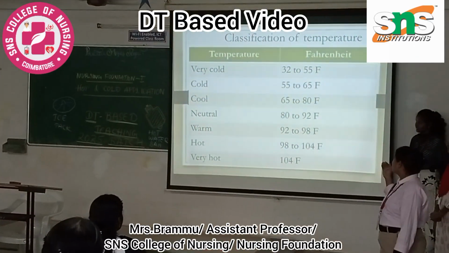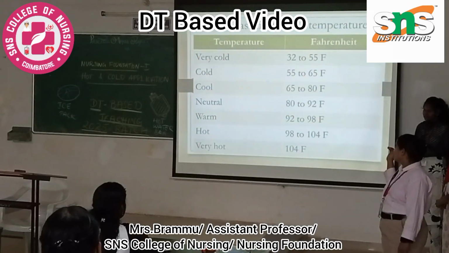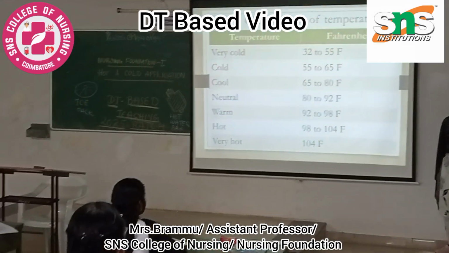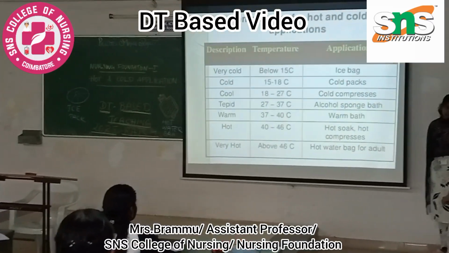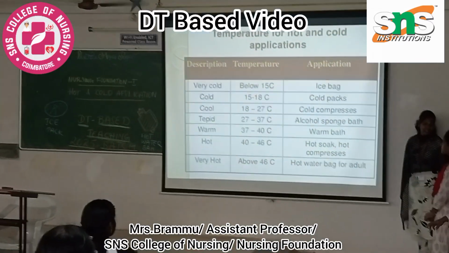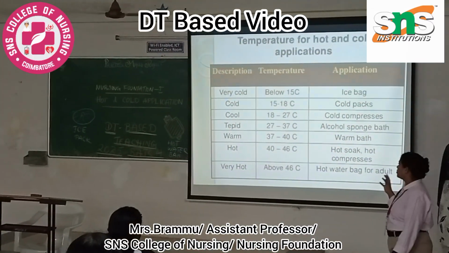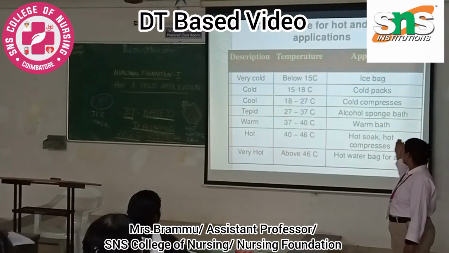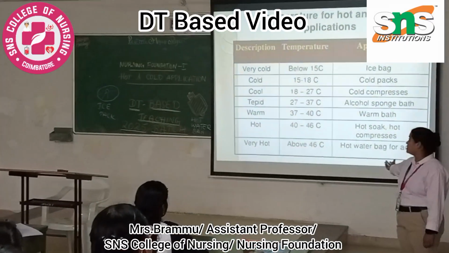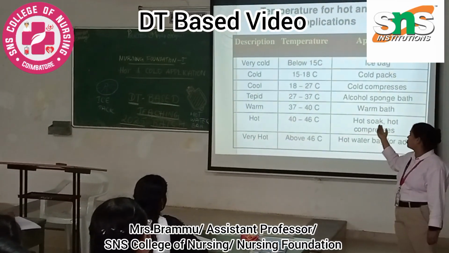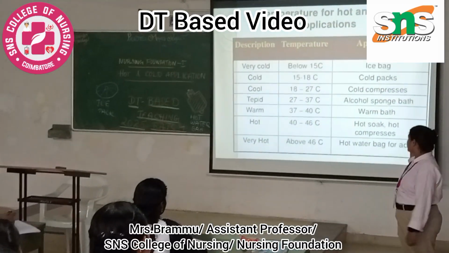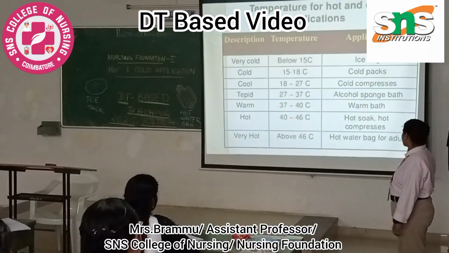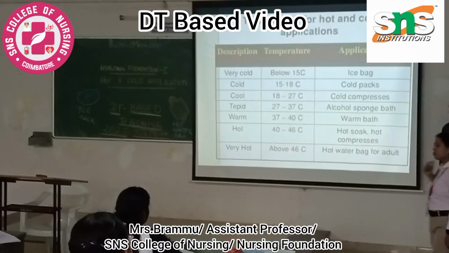And if we go to very warm temperatures, it goes to 90 to 98 and 104 degrees. So this is a small base of how extreme warm and cold can be applied in the form of nursing applications. Like an ice bath is very cold, below 15 degrees centigrade. And when you take very hot, it is above 46 degrees centigrade. Hot water bath, which we do for all the common.